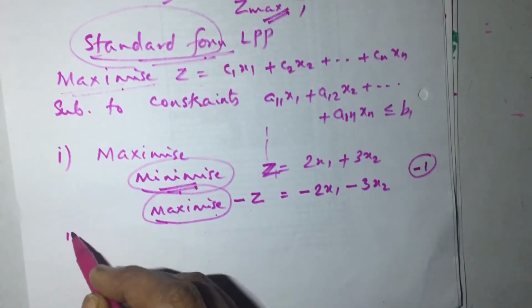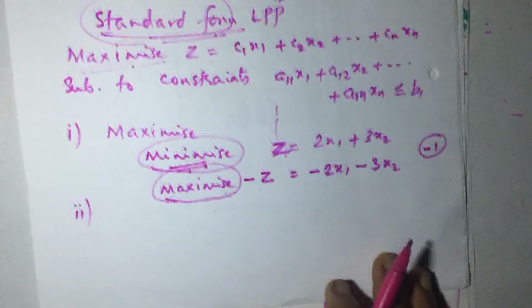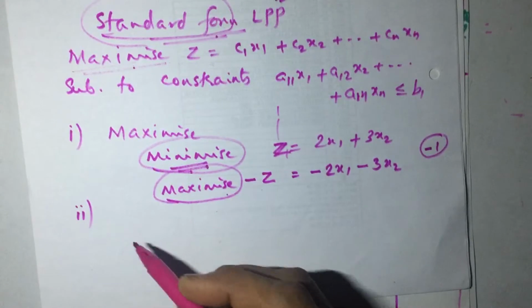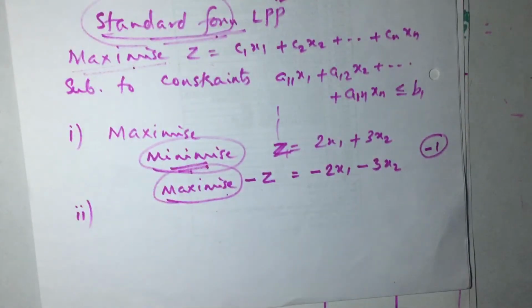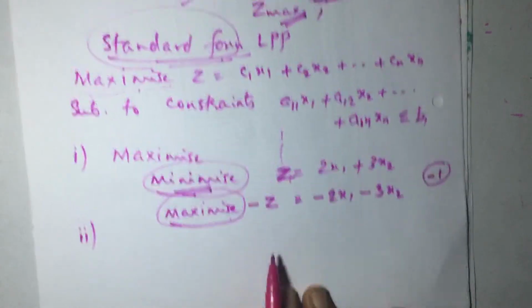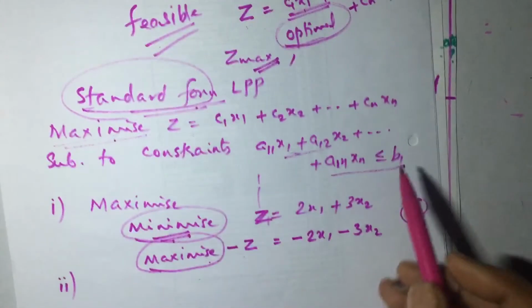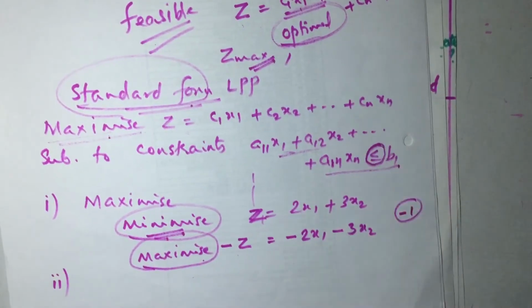Now the second condition is that all the constraints are expressed in the form of equations. The non-negativity restrictions will obviously be greater than or equal to 0, but all the other constraints should have an equal to sign.